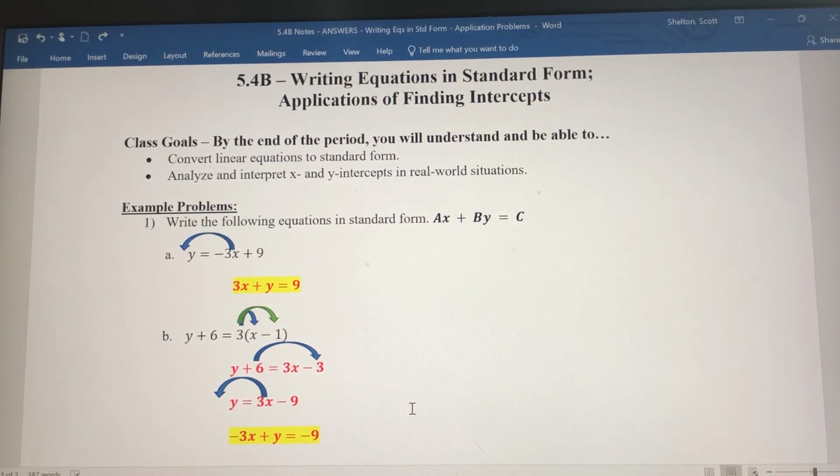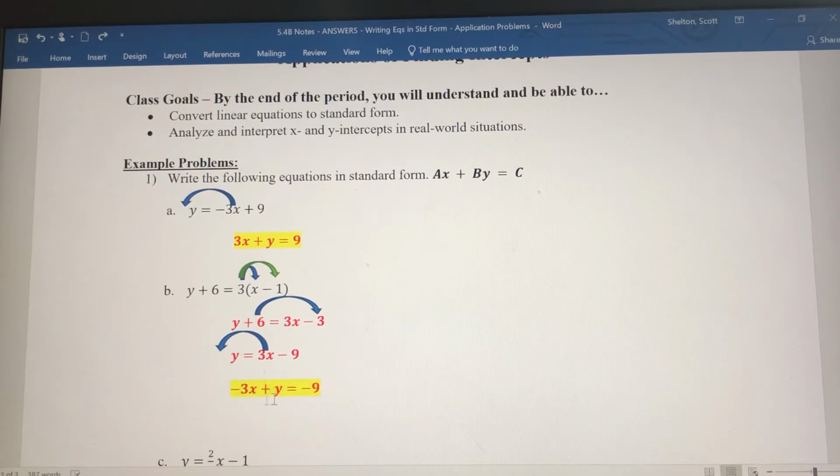Okay? Now, in some cases, it's good to just leave it like that. In some cases, we want standard form to have a leading coefficient, this coefficient of x, to be positive. So if you want it to be like that, we can just change all three of these signs. It's like multiplying everything by negative 1. And it changes all the signs, so negative 3x becomes the opposite of that, positive 3x.